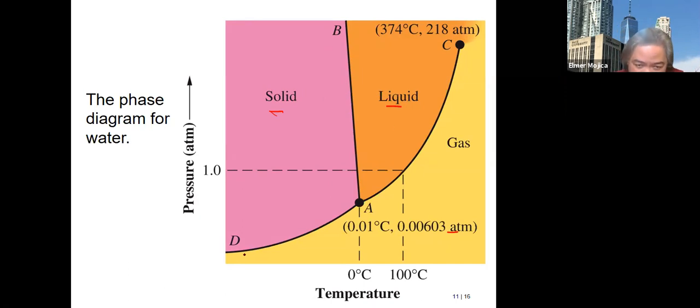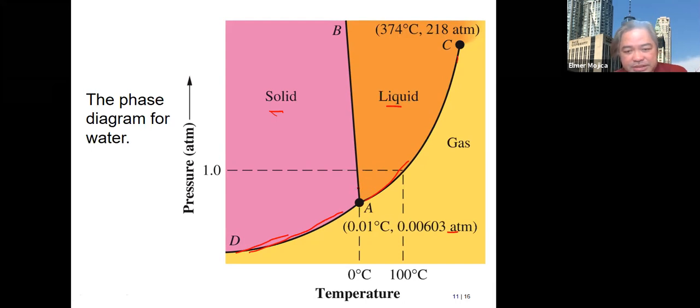The one between the solid and the gas is where the solid and the gas phase are in equilibrium. And the one between the liquid and the gas, like this one, is the condition wherein they are in equilibrium.